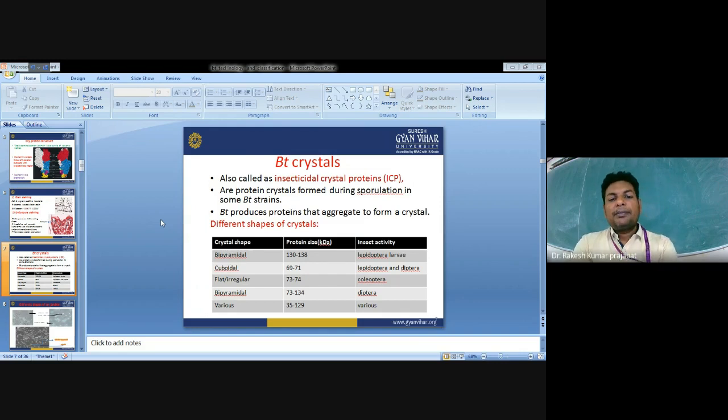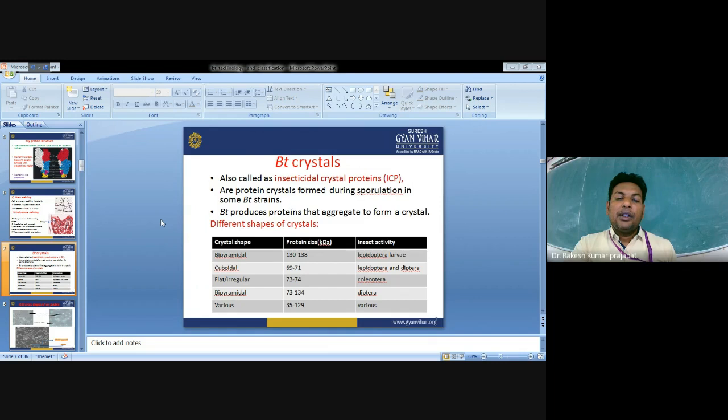First is the bipyramidal shape, with Cry proteins ranging from 130 to 138 kilodalton, active against Lepidopteran larvae. Cuboidal, 69 to 71 kilodalton, is active against Lepidoptera and Diptera.